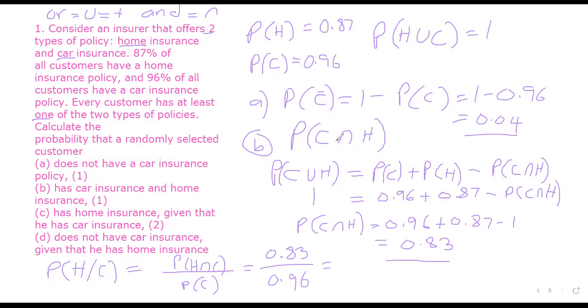So H intersection C is 0.83, our probability of C is 0.96. When you divide these two, you get H given C. What's the answer we're getting? 0.86.